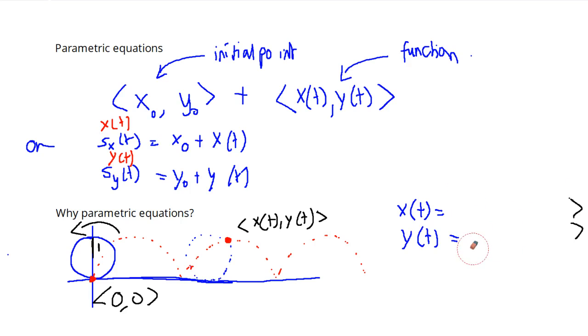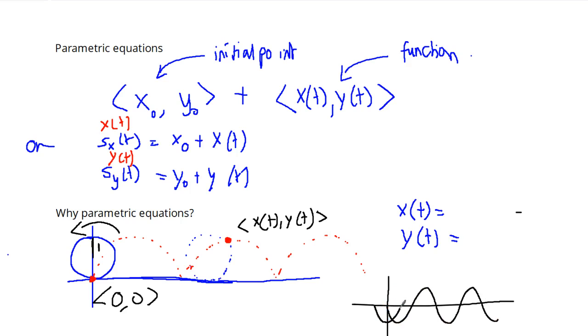And since we're starting down here, everything's also going to be shifted back 90. So we have this graph right here, and we have negative sine. If you shift this back 90, you'll end up having negative cosine of t.